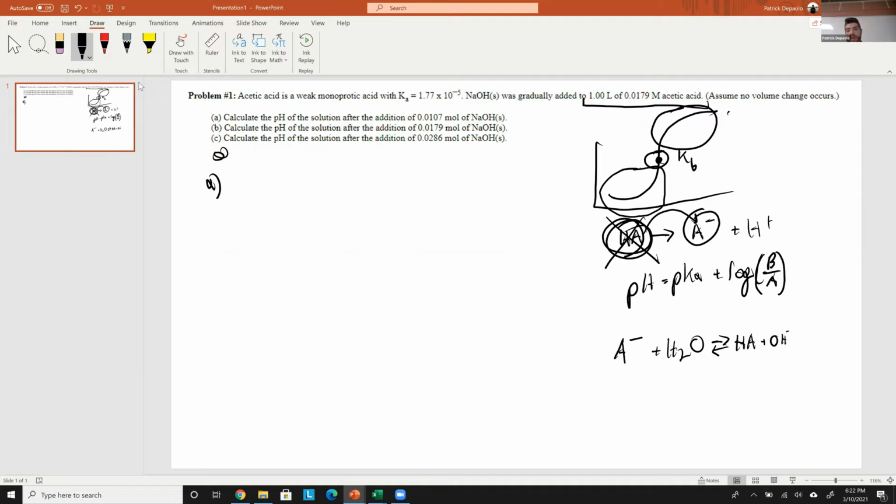So let's say we have 2 moles of base, and you started out with 1 mole of weak acid, then the excess NaOH is going to be 1 mole, which would then be directly used to find the pOH and the pH, right? So you would do negative log of this, and 14 minus that equals pH.